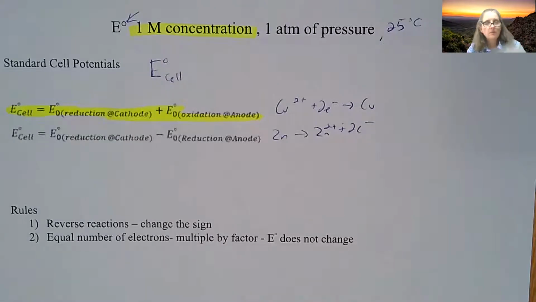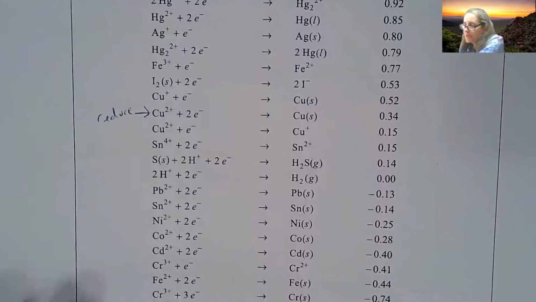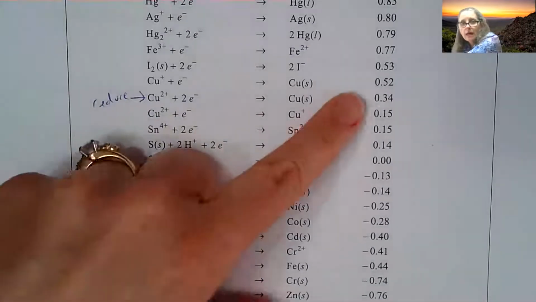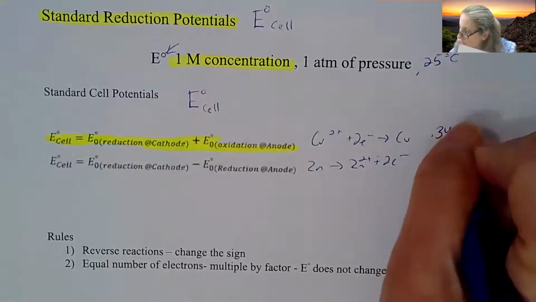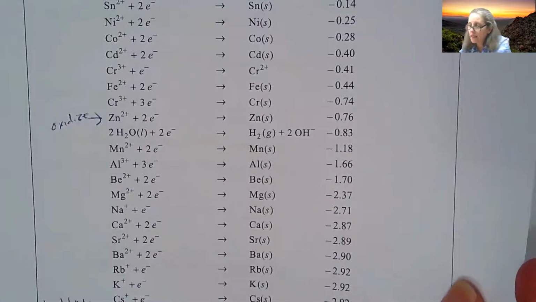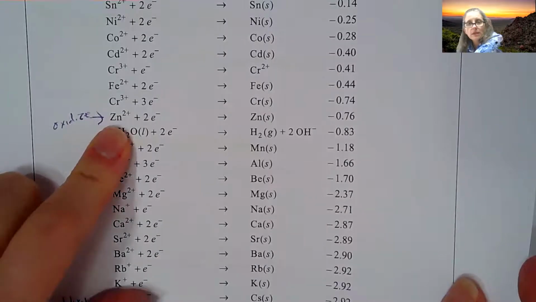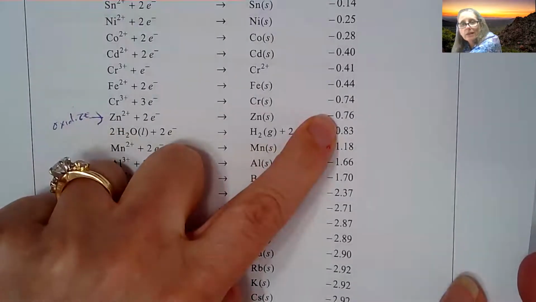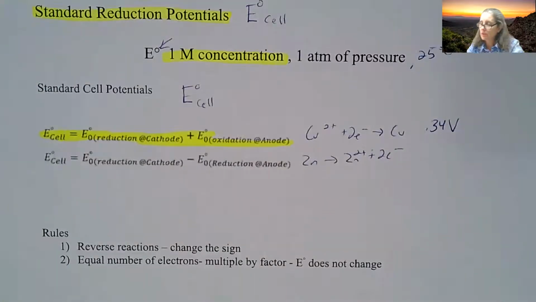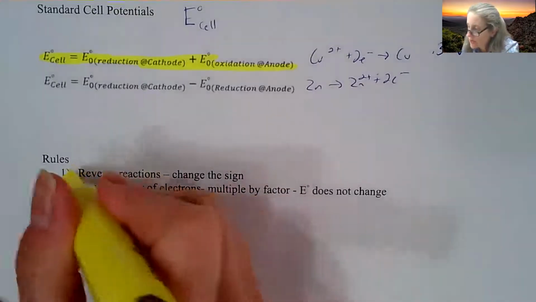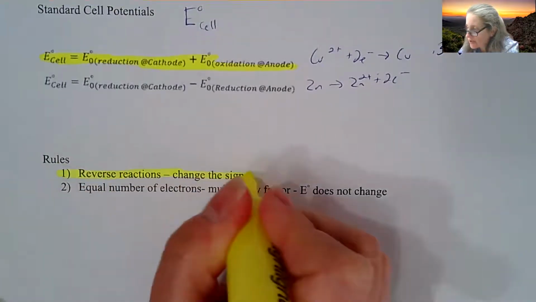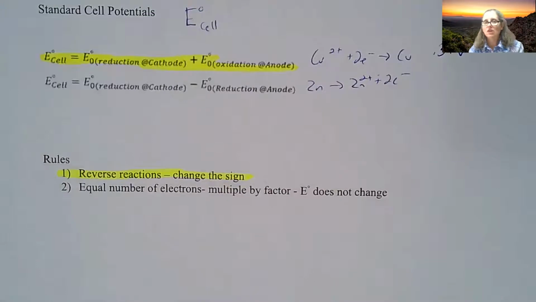If I go back to my table, I will see the copper 2 plus has a voltage of 0.34 volts. And if I look at the zinc, I realize that zinc is written as a reduction, so that's a negative 0.76. So I have to flip the reaction. In order to do that, I need to follow some rules associated with these potentials. Anytime I reverse a reaction, I change the sign.